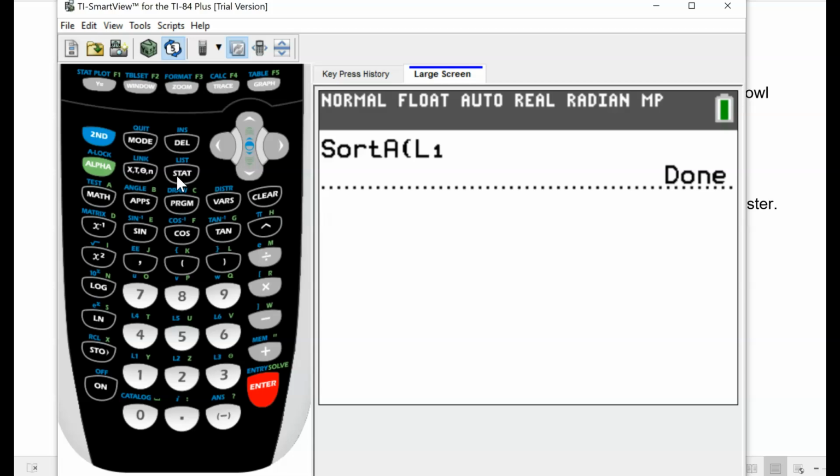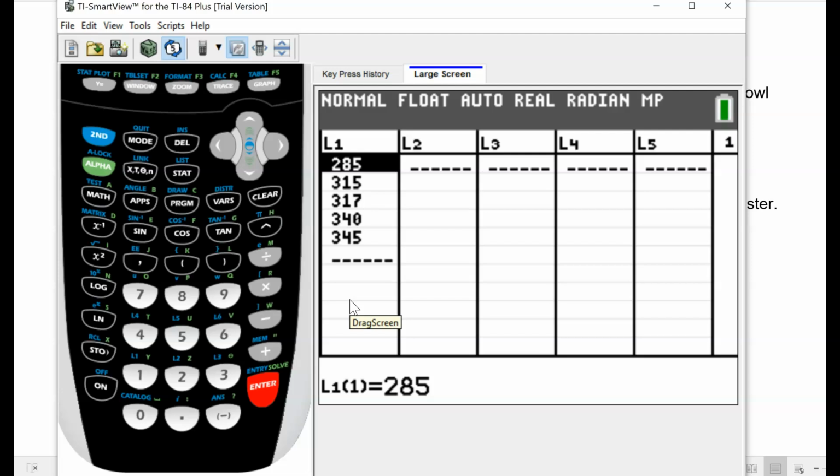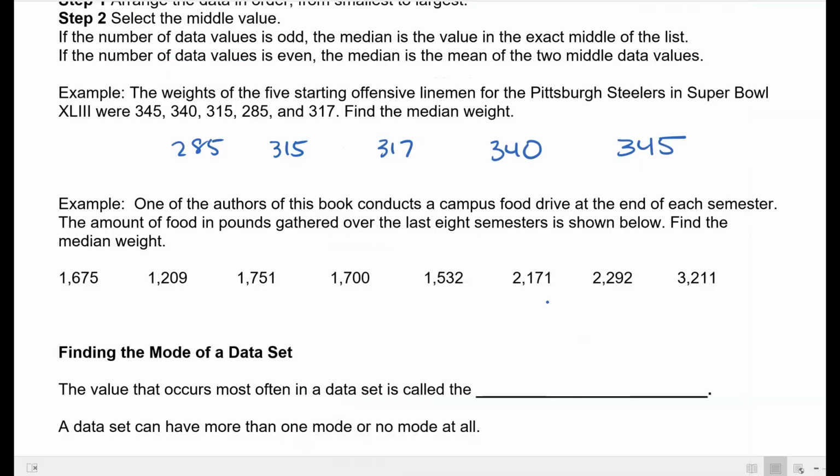And then if we go back to the list, so Stat, Enter, all of those numbers will be in order. Again, this is a short list. You would never probably even use a calculator to do this list, but on the homework there's some longer ones, so this could be helpful. And if you don't have a graphing calculator, this is totally not necessary. It's just here's some instructions if you do.